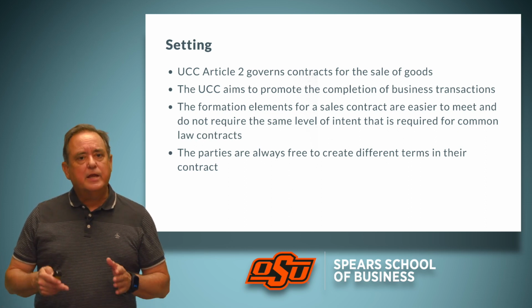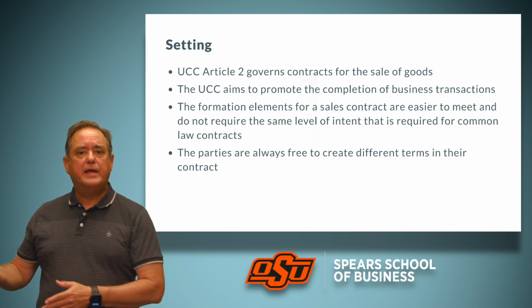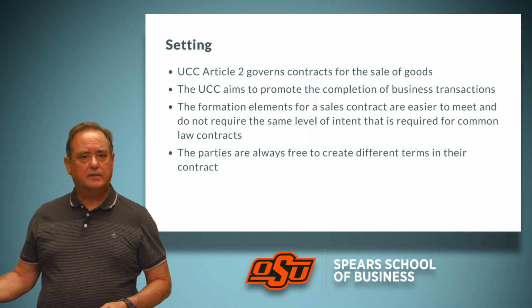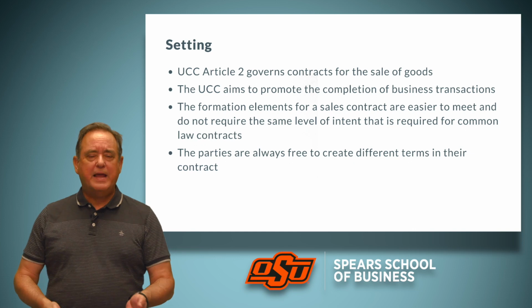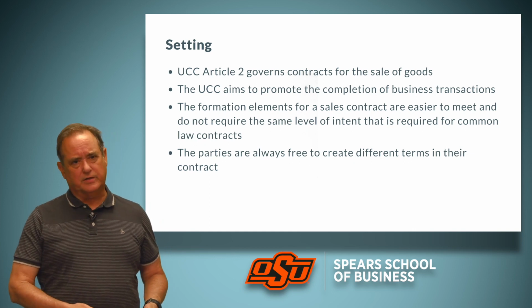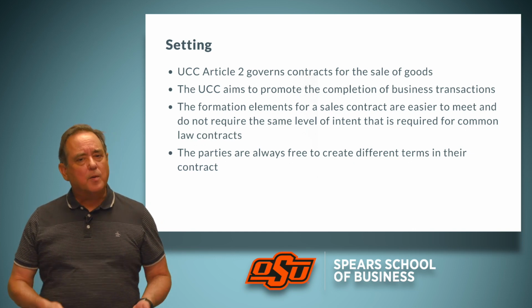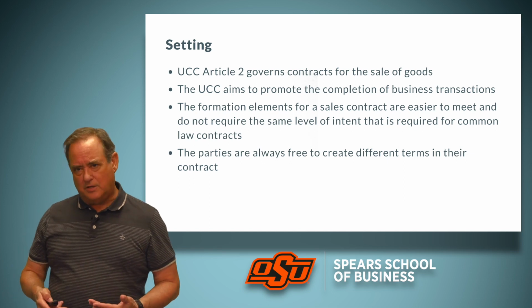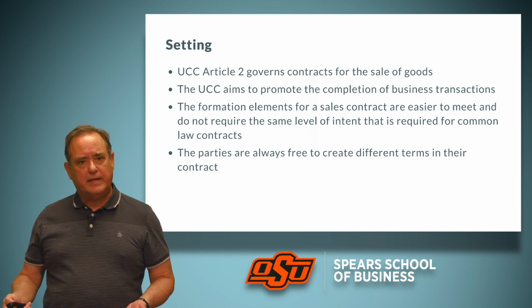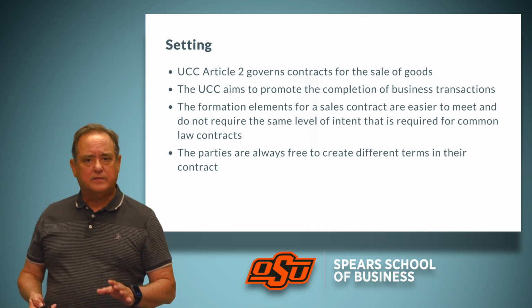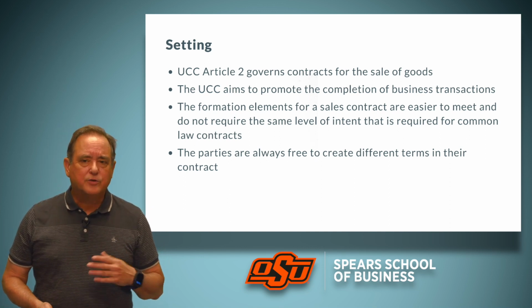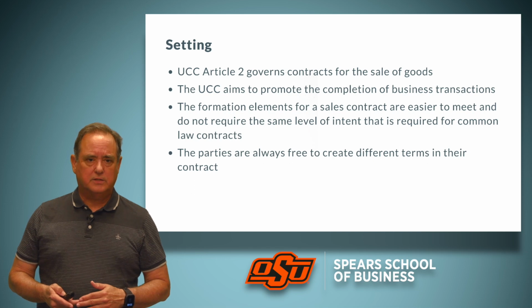The UCC wants the parties to enter into a contract. So unlike the common law, which makes it much more difficult to enter into a contract, the formation elements for a sales contract are easier to meet, and they don't require the same level of intent or commitment that is required for common law contracts.